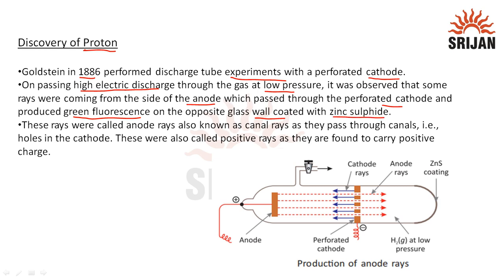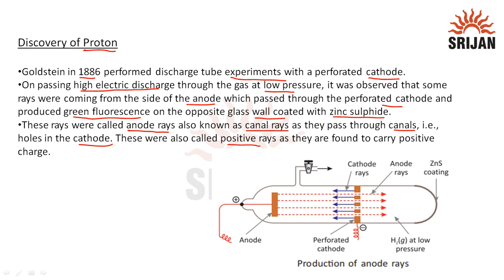known as anode rays since they were coming from the anode, and also known as canal rays as they pass through canals, that is holes in the cathode. So these were also called the positive rays, as we can see in the diagram that they are carrying the positive charge. Since an atom is electrically neutral, the presence of a positive charge must be balanced.